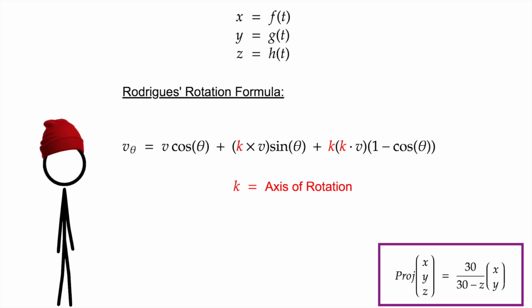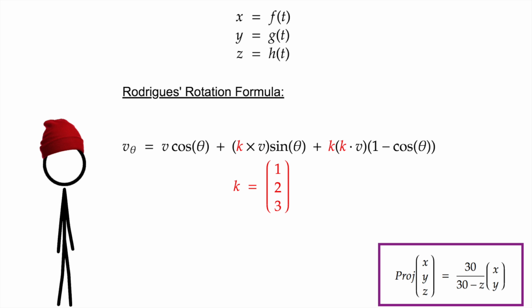That's what k is for. For example, if you want to rotate around the x-axis, then you would choose k to be the vector 1, 0, 0. Or to rotate around the y-axis, let k equal 0, 1, 0. For the z-axis, k equals 0, 0, 1. And you get the point. Whatever axis you want, just choose the vector that goes in that direction. That's what k is.